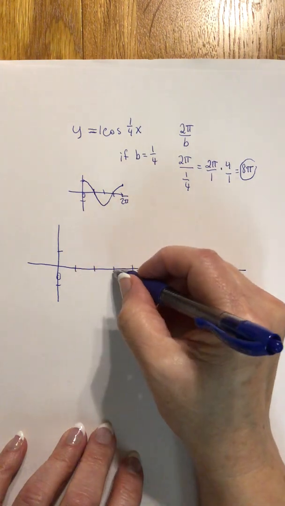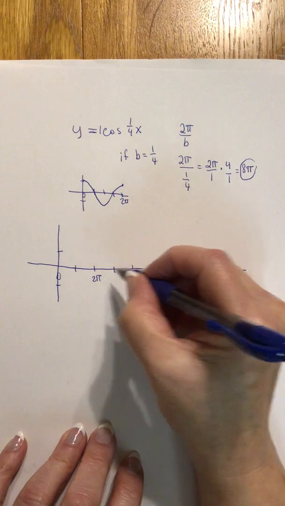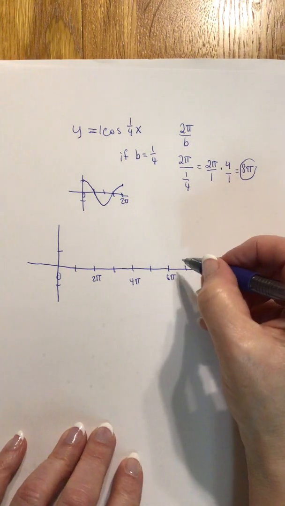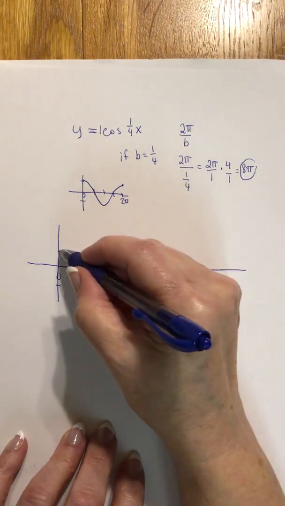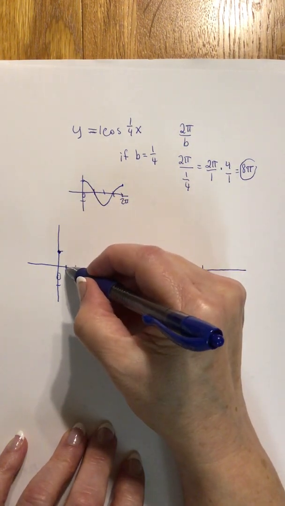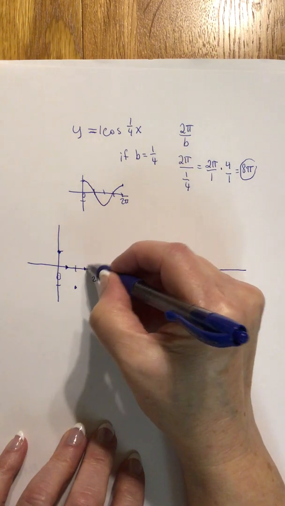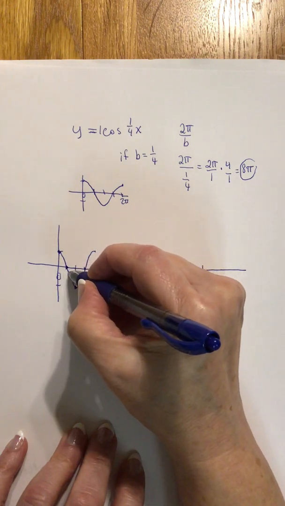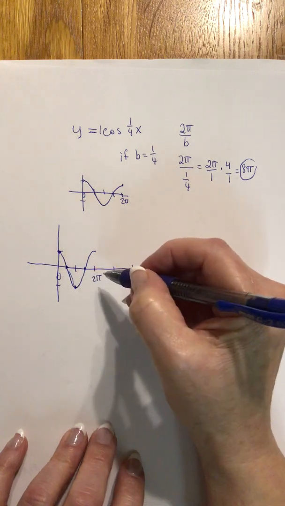So this would be 4 pi, and this would be 2 pi, and 6 pi. All right, our original graph of cosine would go from here, because the period for cosine is 2 pi, right? So this is 0 to 2 pi.